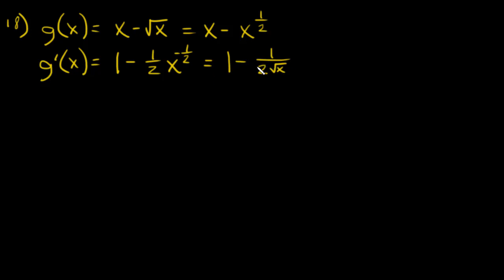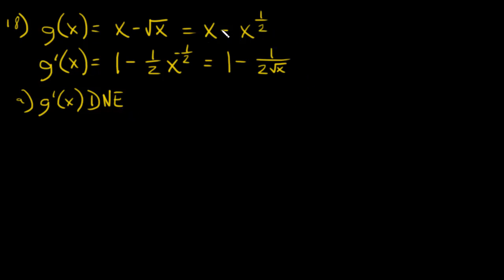Okay? So first thing I want to do is to find my critical numbers. I want to look at where g prime of x does not exist. Now, as I've been saying a few times, this only applies for when g of x does exist and g prime of x doesn't exist.